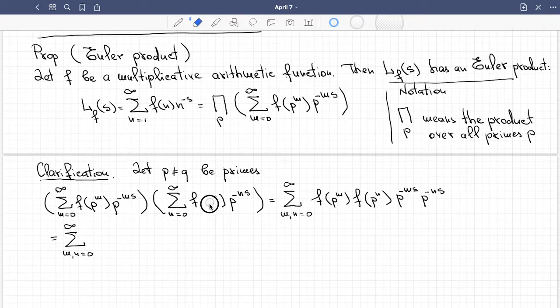This should be q, otherwise it's not good at all. Q, and this should be q, and this should be q, and this should be q. Let me correct everything.